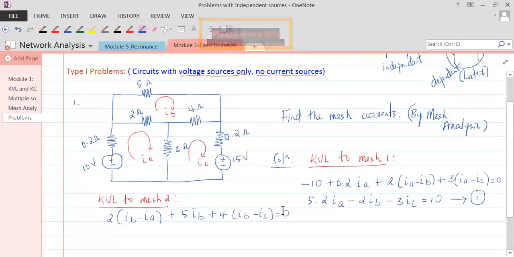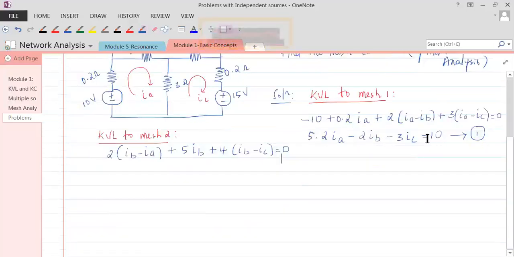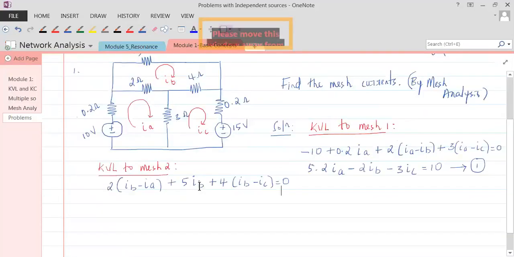Quick, bring this to the standard form. This is equation number 1 in its standard form. Let's bring this equation also to standard form. So it is minus 2 IA. How many IBs? 2 plus 5, 7, plus 4, 11. 11 IB minus 4 IC equal to 0. Call this equation number 2.